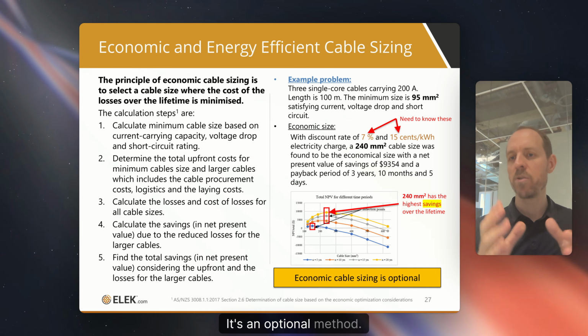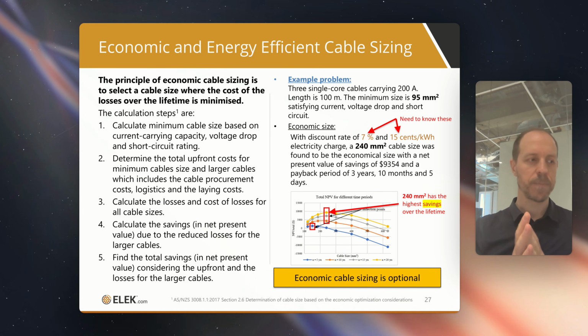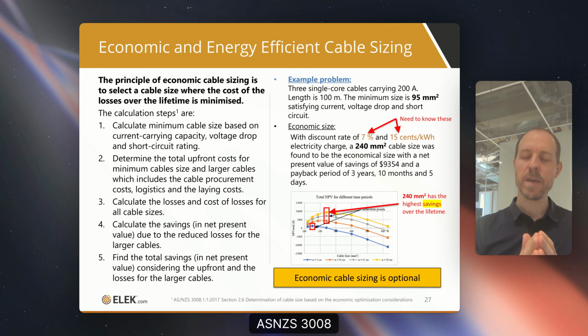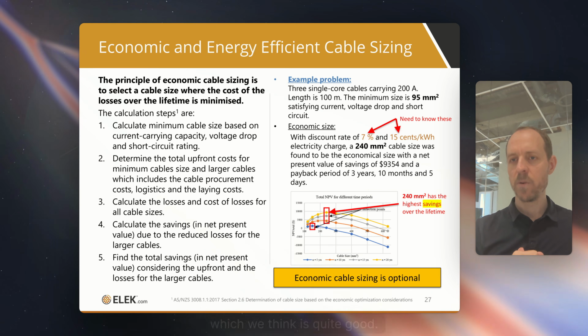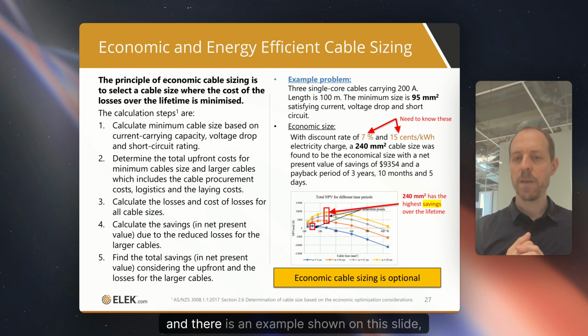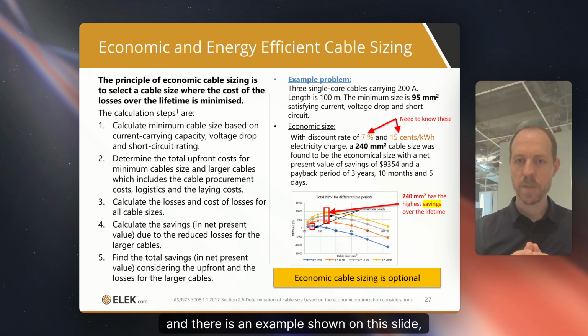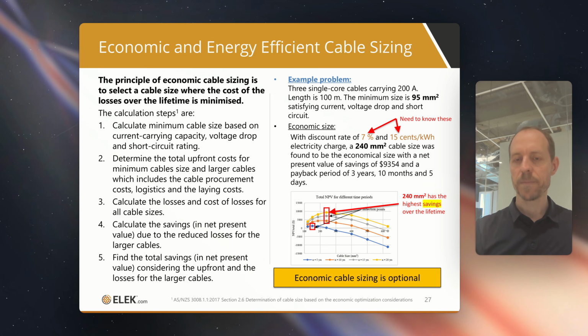So that's the principle of this economic cable sizing. It's an optional method. There is a method outlined in AS/NZS 3008, which we think is quite good. We have implemented this method, and there is an example shown on this slide of the end result.